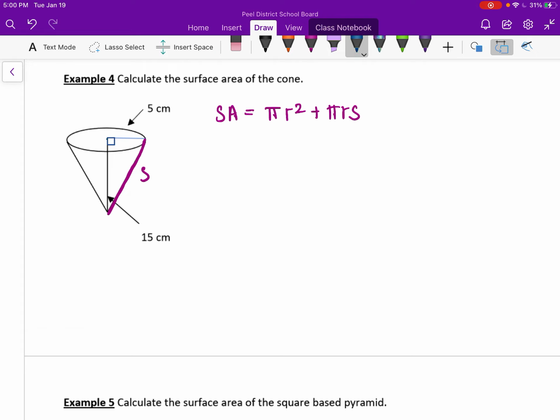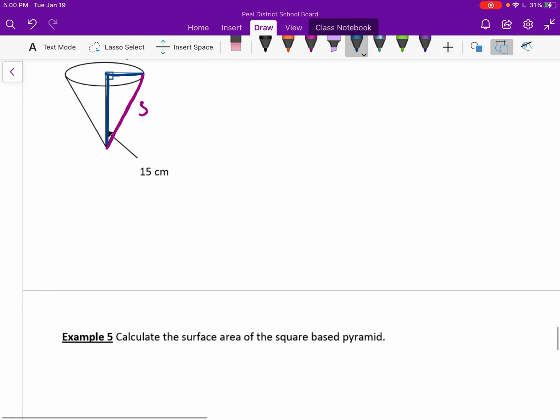But since I know that this is a right triangle, I can find the slant height super easy. We've done this before, right? So let's find the slant height. I know the slant height is equal to that s over there, and I also know a squared plus b squared equals c squared.